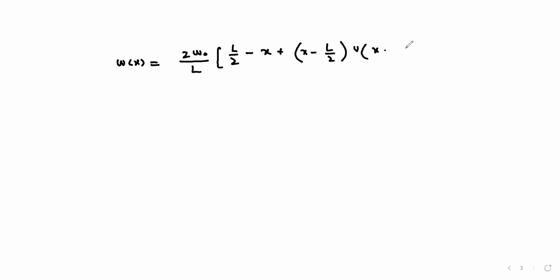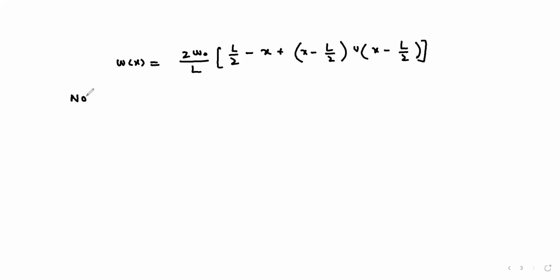If we simplify this w of x, we get a function of this form: 2w naught over L into L by 2 minus x plus x minus L by 2 and u of x minus L by 2. Okay, students, this is the compact form of the unit step function.